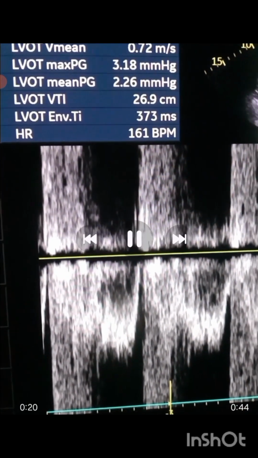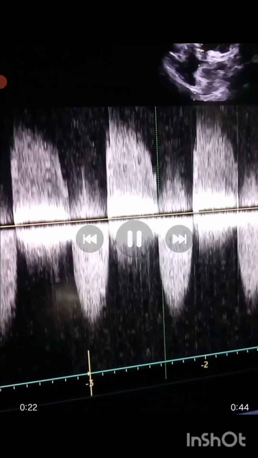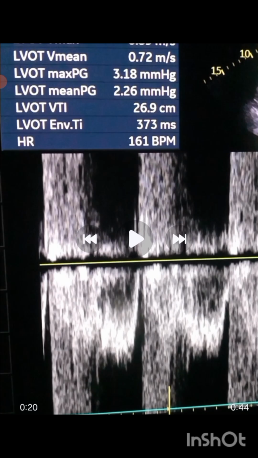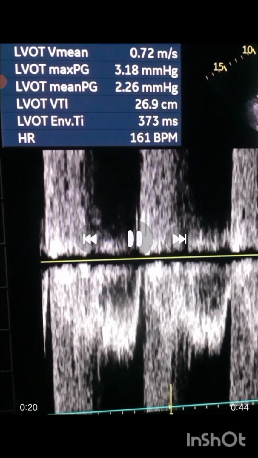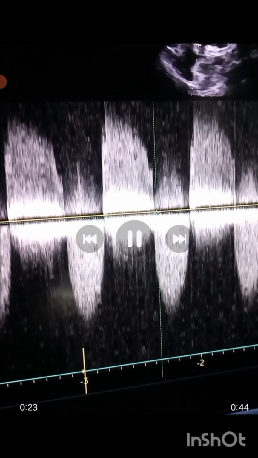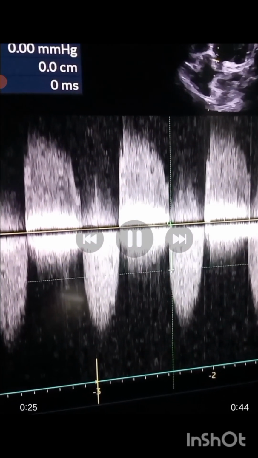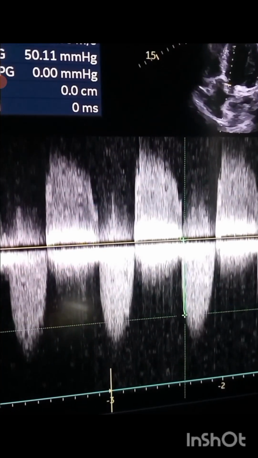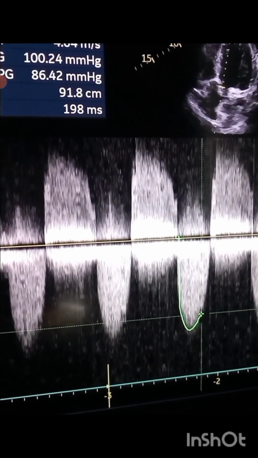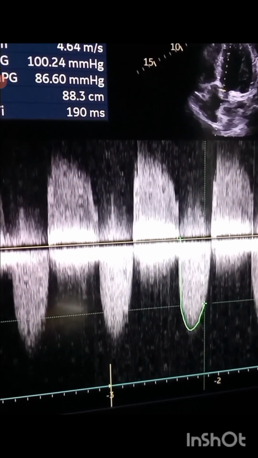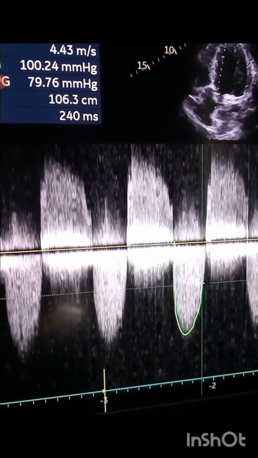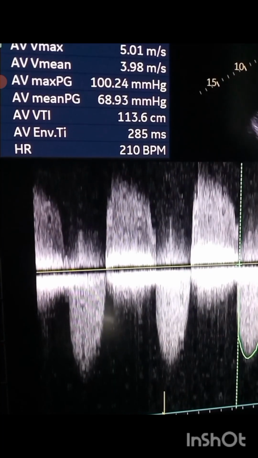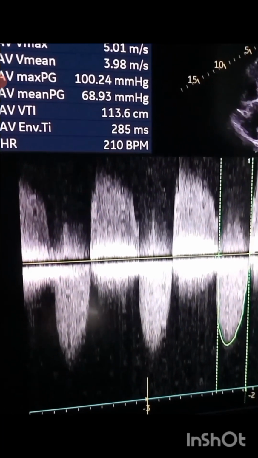This LVOT VTI is 26.9. The third is that we trace the aortic valve VTI. Here is the aortic valve VTI. We have 113.6 centimeters.